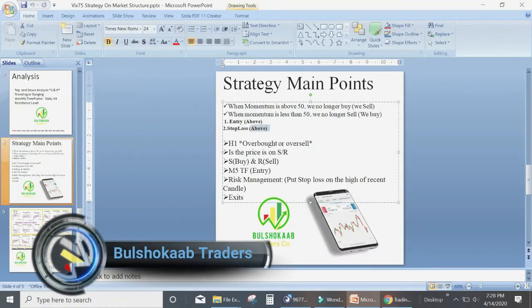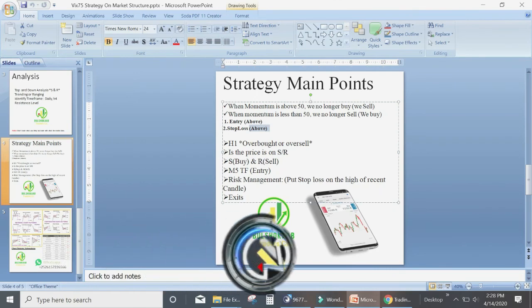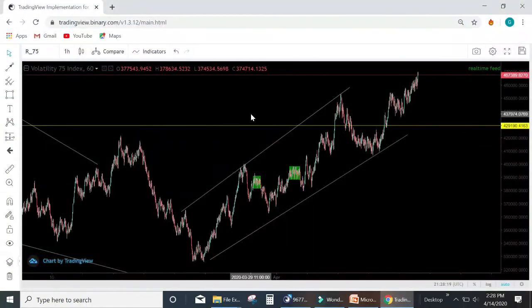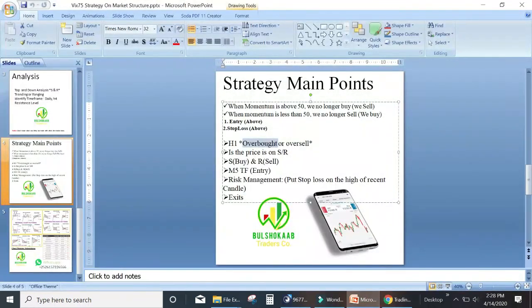Entry is above, and also stop loss is below. And sometimes when there's a sell, it will be above. Overbought and oversold are like the levels of resistance and support. Find your overbought and oversold. I'm not trying to confuse you.